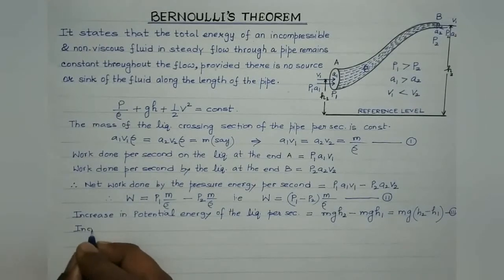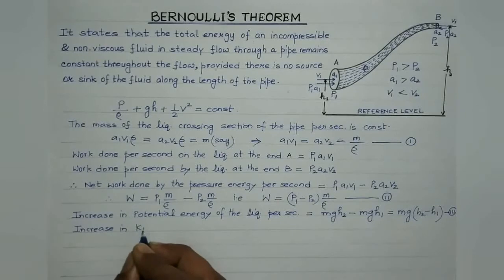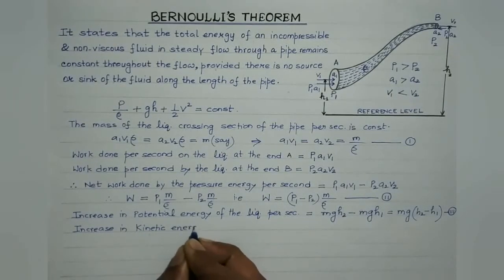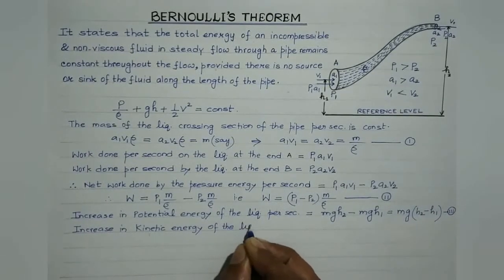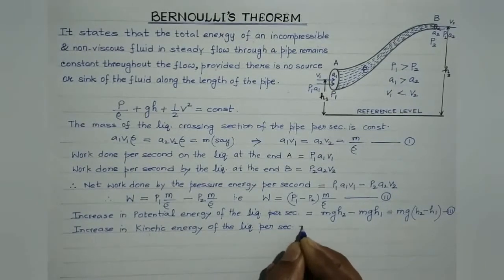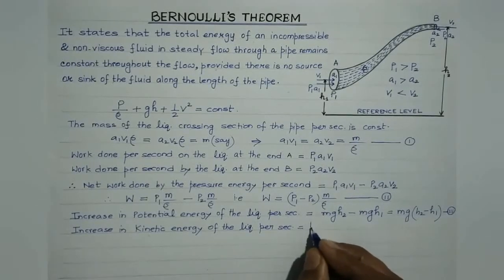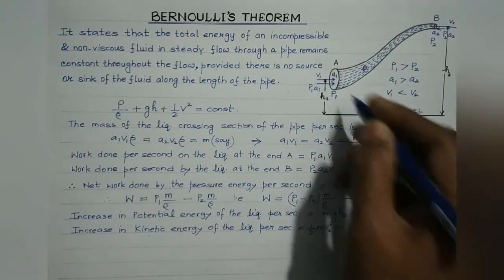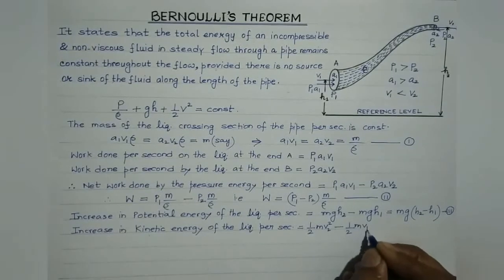So the increase in kinetic energy of the liquid per second would be equal to final kinetic energy at point B, that is half m v2 square, minus initial kinetic energy at end A, that is half m v1 square.